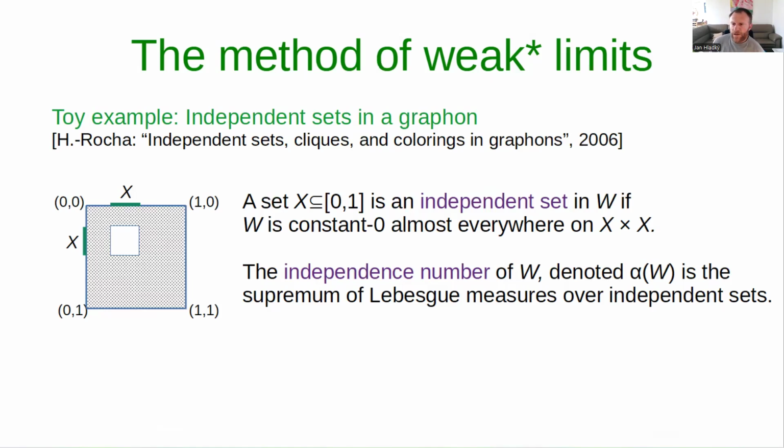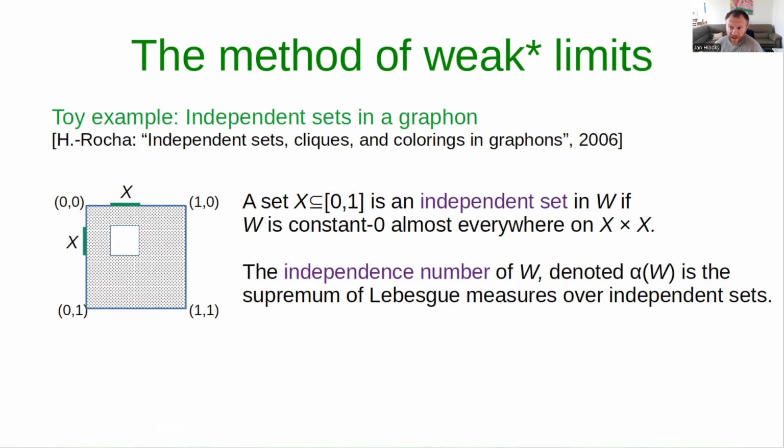And now in finite graphs, you have the notion of an independent set, and you typically are looking at the one which has maximum cardinality, and that defines the independence number. Okay, so likewise here, we define the independence number of W as the supremum of the measures of all such independent sets.